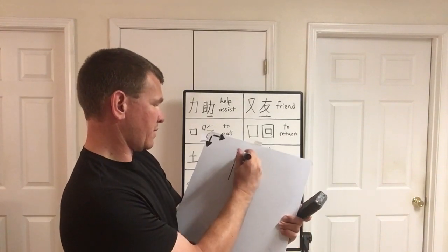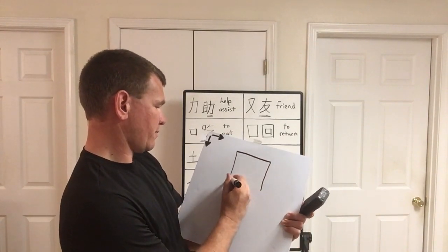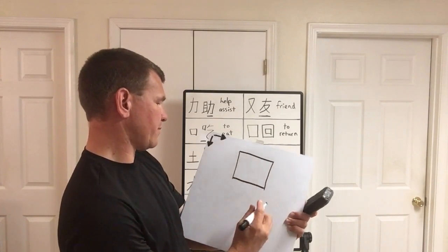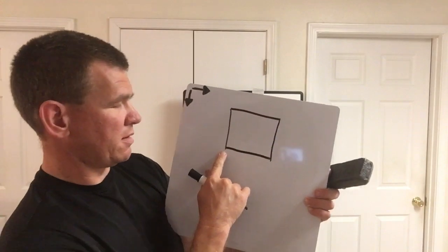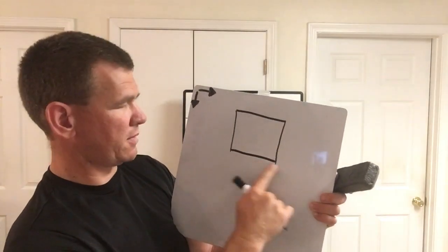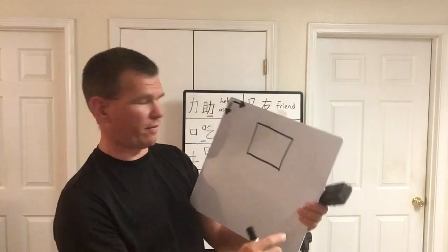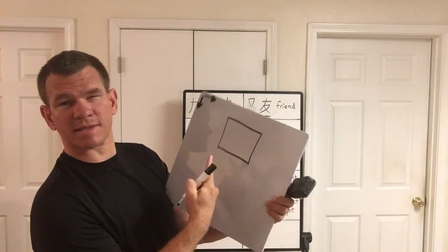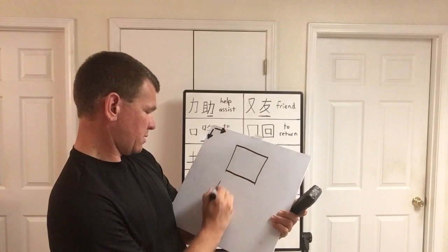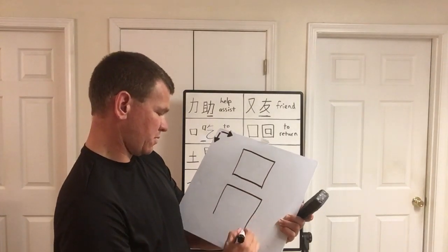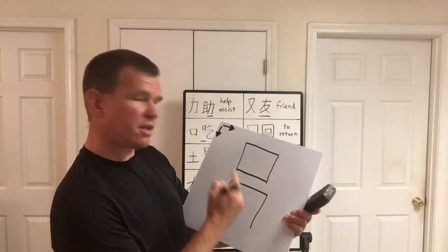1, 2, 3. And this has a little extra line sticking down. It doesn't hook down like you do with mouth. So that's what it looks like by itself. And then 1, 2, and then you go on the inside.